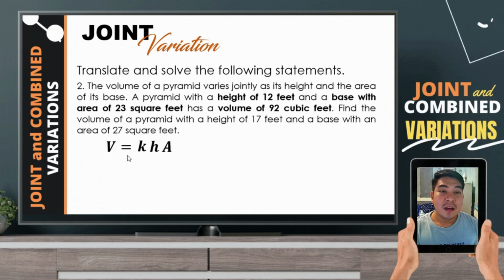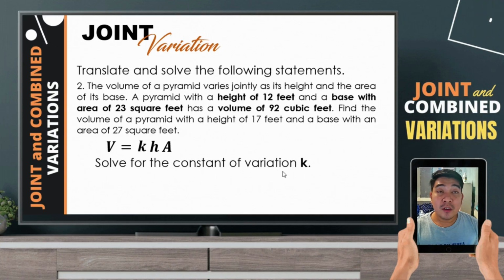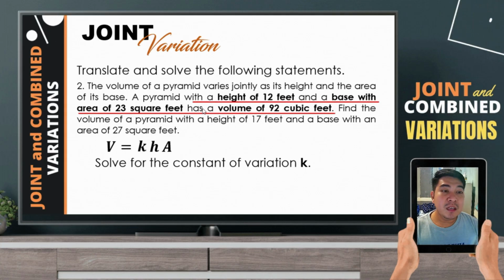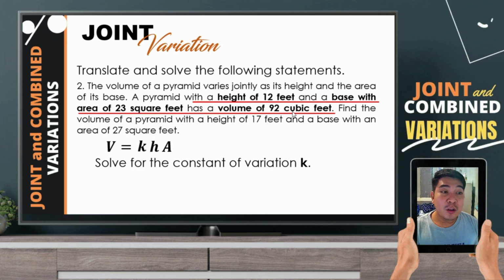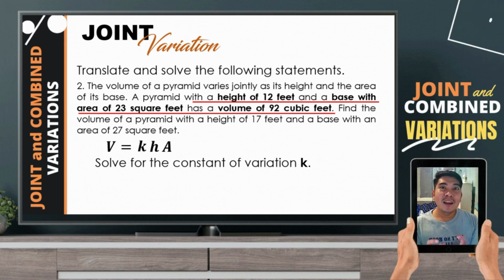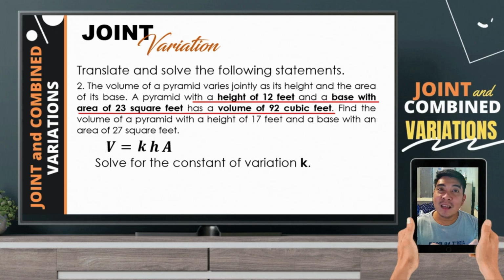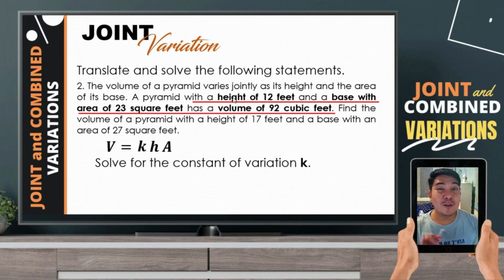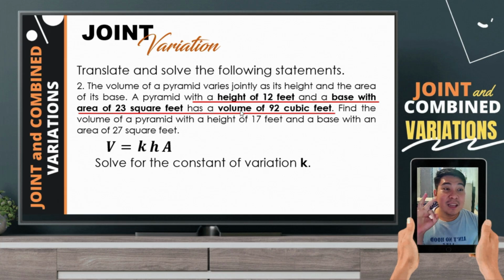Next process, we need to solve for the constant of variation K. So we need our translation. And then, we will be using this statement, the height of 12 feet and a base with area of 23 square feet. The volume is 92 cubic feet. To find the value of K, kailangan yung mga quantities na kukuhain natin muna will be given. Dito sa statement na to, given yung height, yung area ng base, at yung volume.